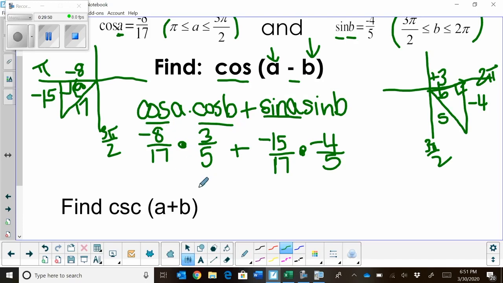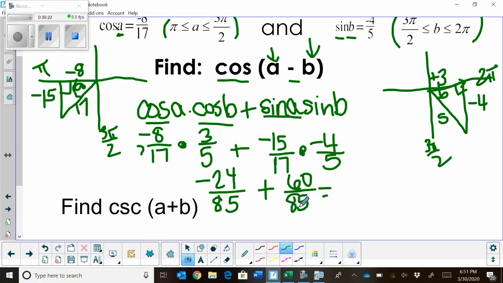I'm going to multiply this together, and I get -24 in the numerator, and 5 times 17 is 85. Plus, a negative times a negative is a positive, and 4 times 15 is 60 over, again, 17 times 5 is 85.